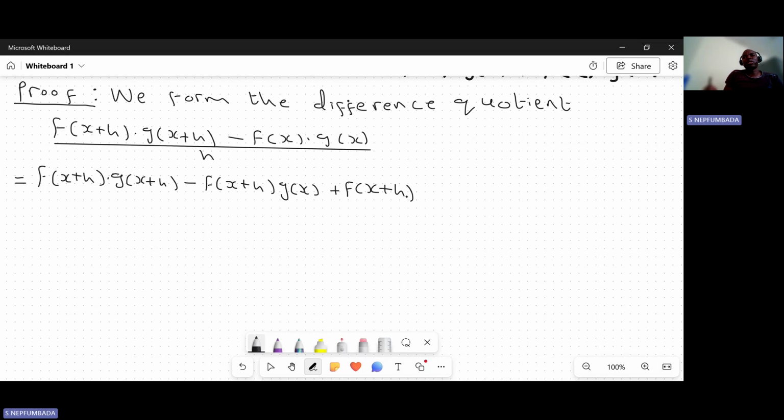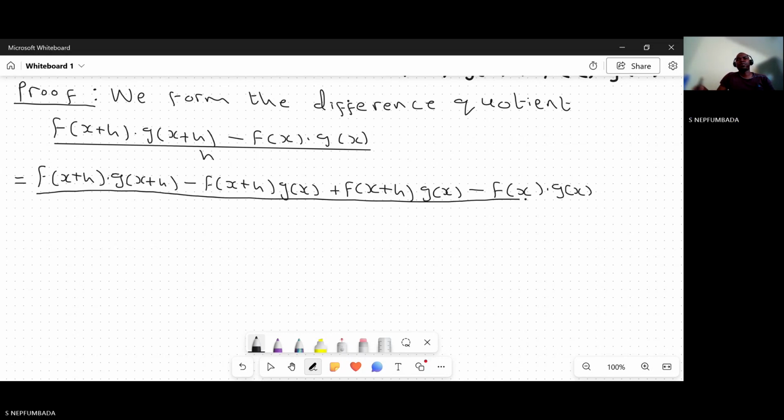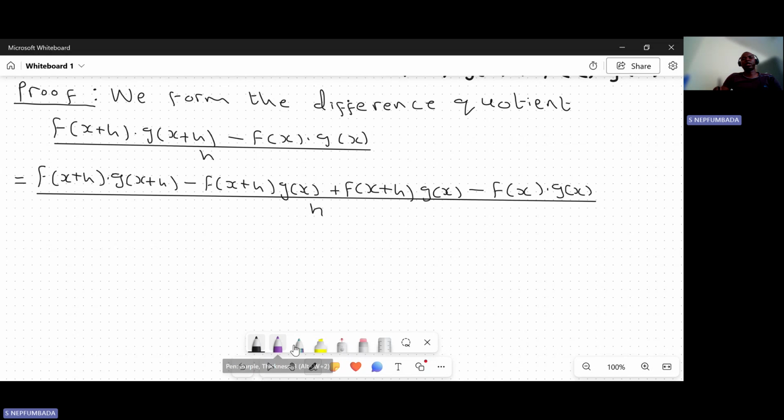So it's like we didn't change anything on our equation, but there we were having minus f at x multiplied by g at x, all of this divided by h. If you check here, those two can cancel each other, so there's nothing we have changed so far.